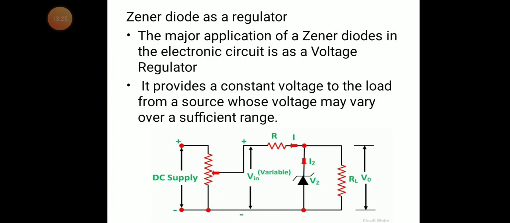We have the DC supply, and we are connecting the Zener diode in parallel with the load RL. You can see it is parallel with the load RL, and some series resistance R is there, which is called a current limiting resistor.